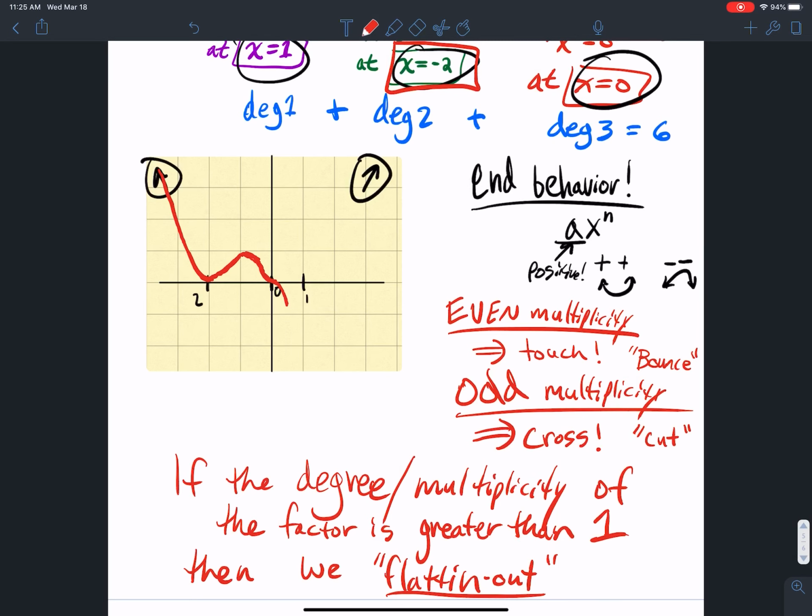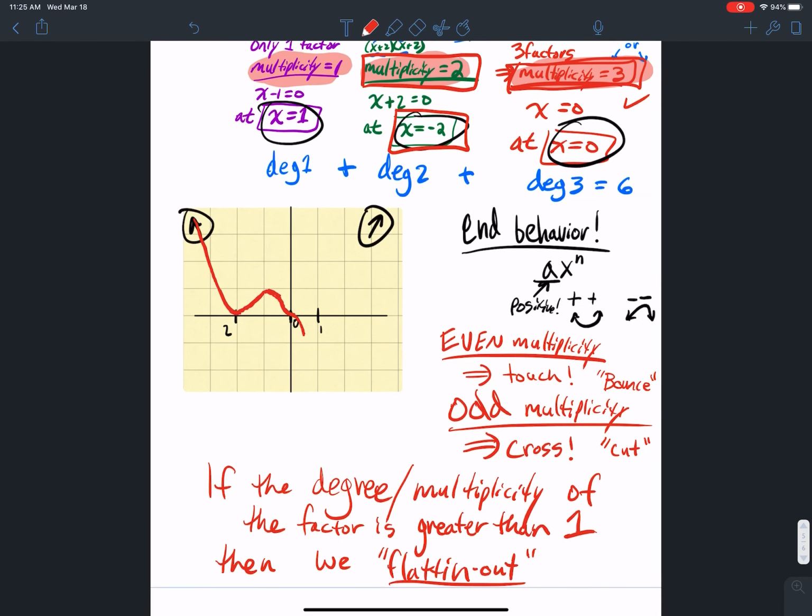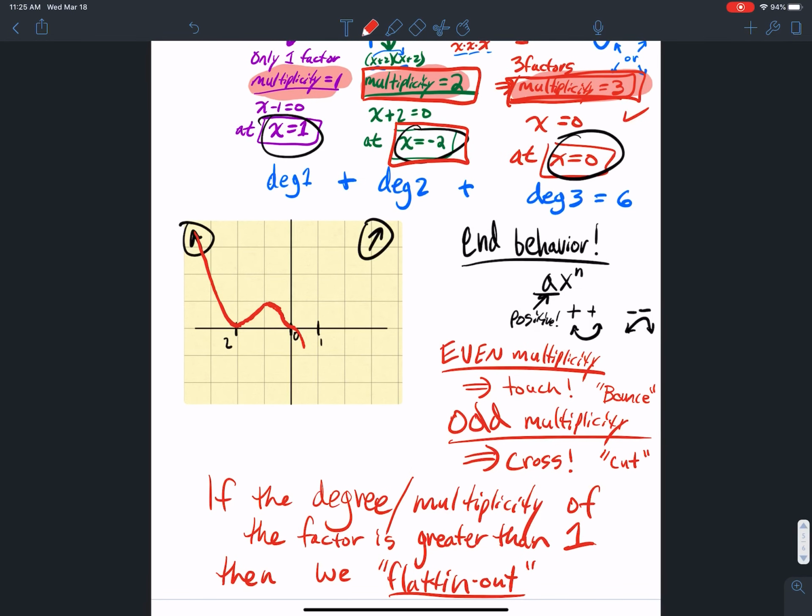Well, it might be easier to show you what happens when it doesn't flatten out. Times where it won't flatten out is whenever it's not greater than 1, so it's equal to 1. So multiplicity here at 1 is 1. So something that doesn't flatten out would be like this here.